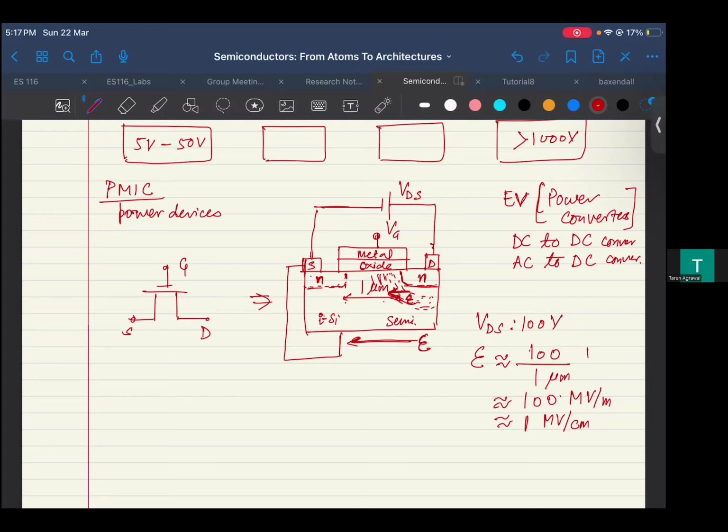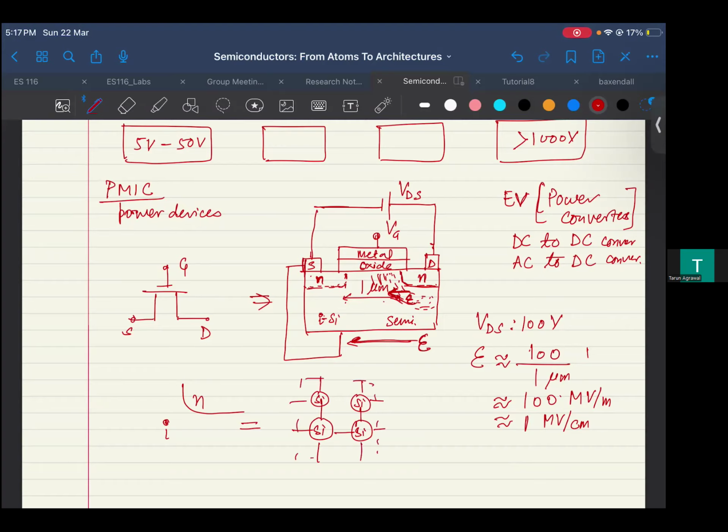If you imagine this portion, these two are the same lattice, so if I represent these with silicon, then in an intrinsic region you don't have any doping. That means all are silicon.